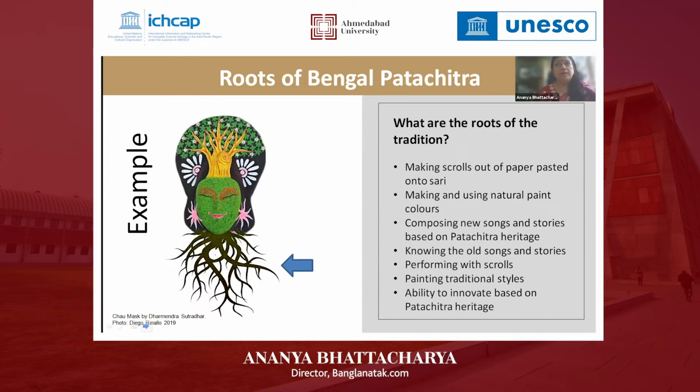Now I'll talk about the 4 main components of safeguarding. If we have to safeguard ICH, what do we need to safeguard? We need to safeguard the skill repertoire. So we need to know what the heritage attributes are, who has the skills, and how many people have the skills. As I said, when we started documenting Patachitra, there were only 2 persons who knew the songs.